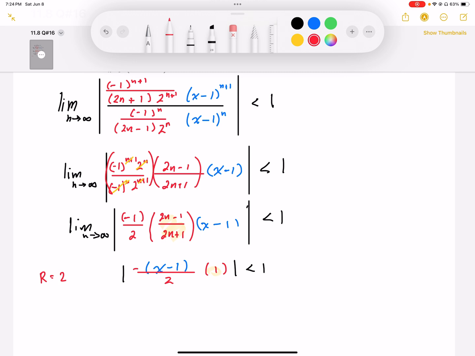When I solve for this, I'll do it in 2 steps. X minus 1 over 2.